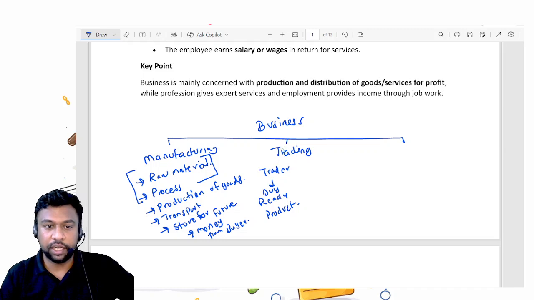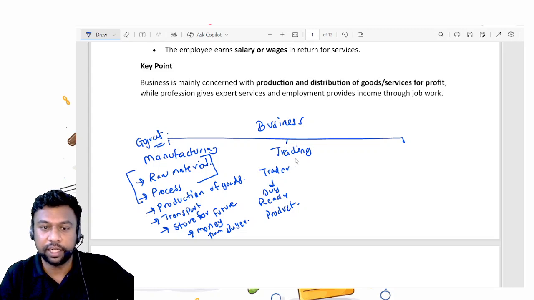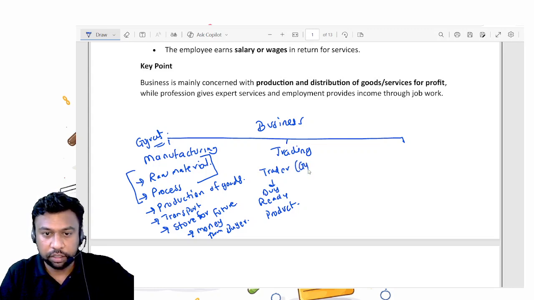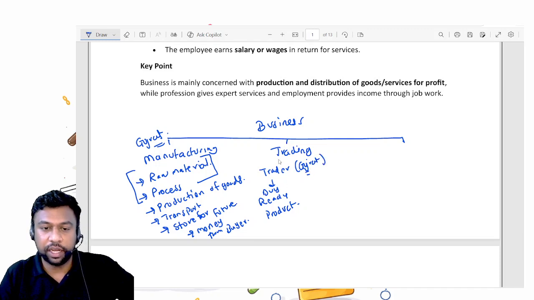Now this trader is also, let us say, based in Gujarat, but he has contact and is roaming around all of India.